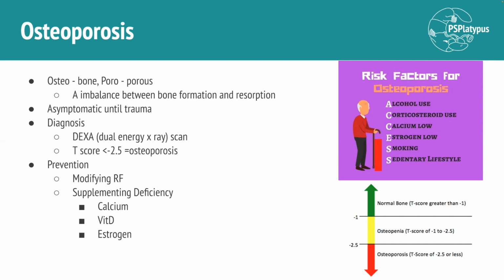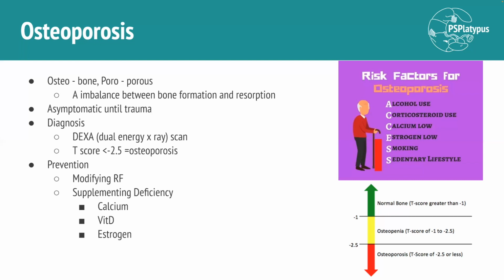This score is then plotted compared to the usual population, and then we can create a T-score, which is a patient score compared to that of the population. And if they fall 2.5 standard deviations below that of normal, we deem it as osteoporosis. Between -1 and -2.5 is known as osteopenia, which is the less severe version of osteoporosis.